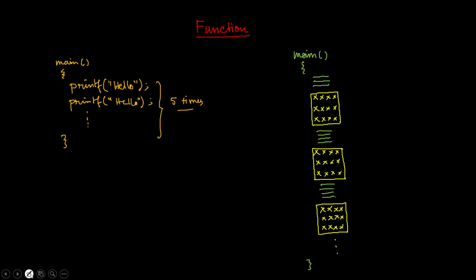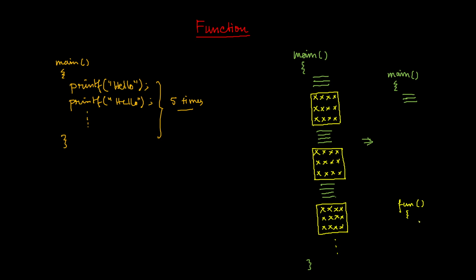The idea is that if I write the same program here, I will write the main function with the same set of lines, and instead of writing this code over here, I will create another function, say fun.